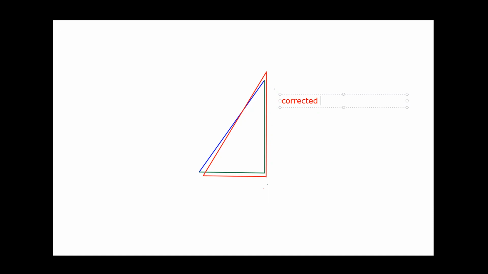It should be adjusted more, but corrected length equals, and then I'm going to take the square root of the corrected latitude squared plus corrected departure squared.